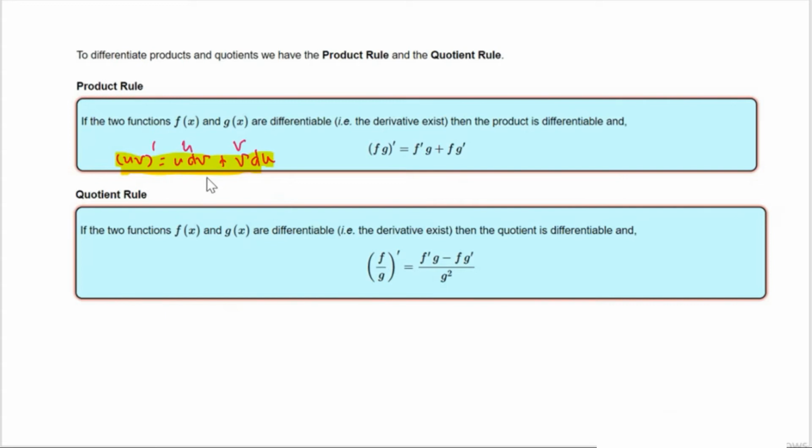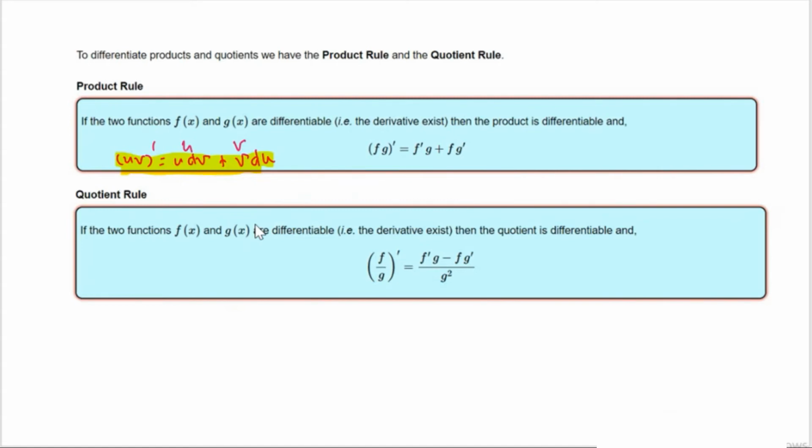I would like you to use this one because it would be easier to memorize the product rule. If the two functions are u and v, therefore the derivative of uv is equal to u dv plus v du. Okay, so let us try to use that one later on.